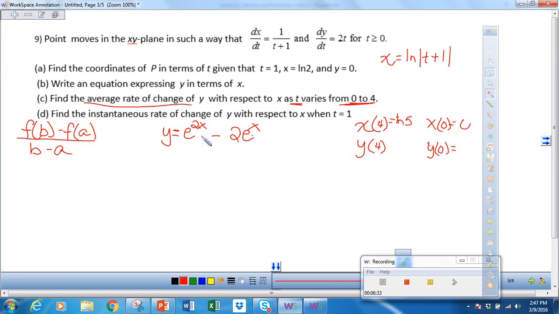Therefore, y of 4 is going to equal to, now I take this x that I have and I replace it for this x to find y.